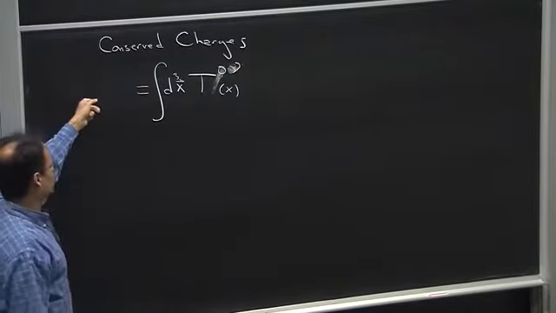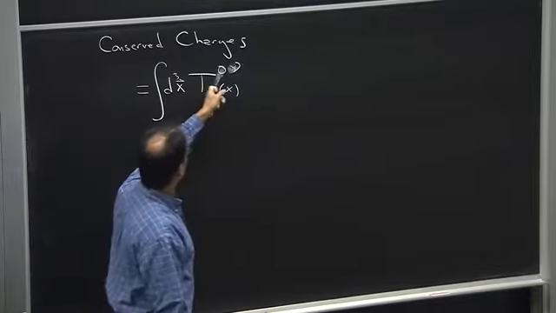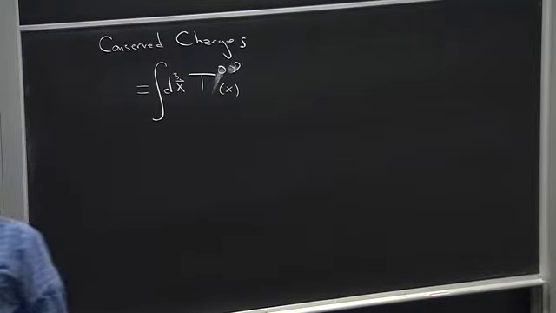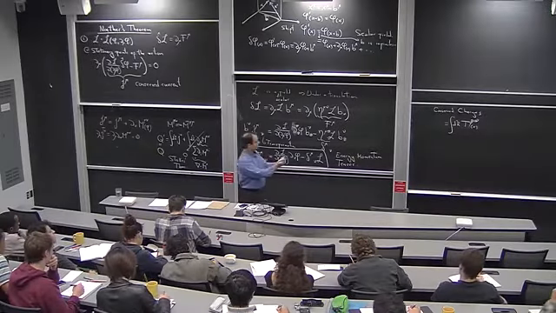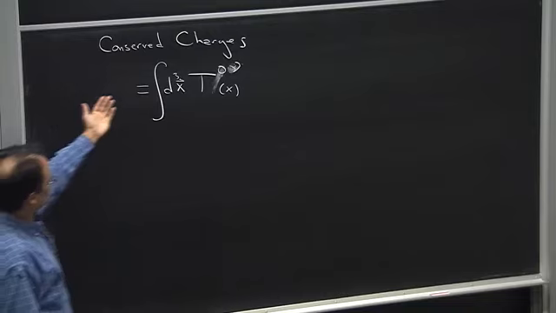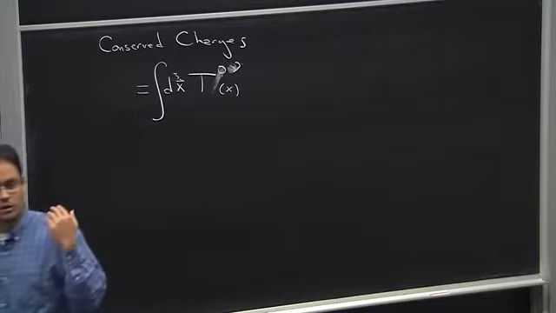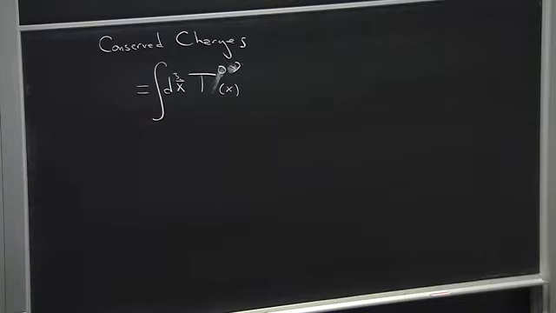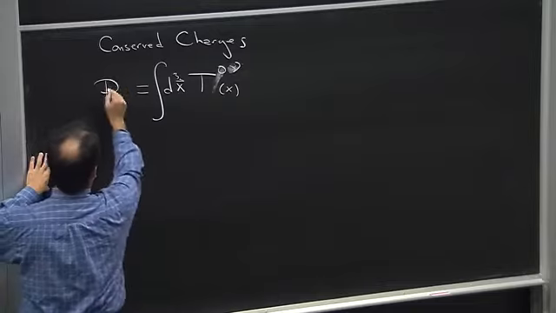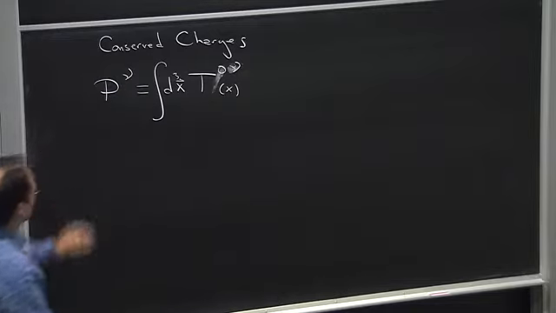And what should I get? Well, the conserved charge associated with translations is called the momentum of the system, or the momentum operator. So this object here must be called the momentum operator.